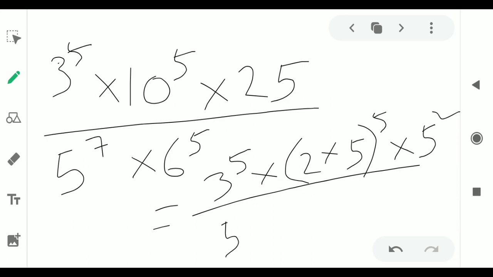Downside, 5 to the power 7 is there into 6, which we can write as 2 into 3, whole to the power 5. Understand? Okay. So upside, 3 to the power 5 into (2 into 5) whole to the power 5.